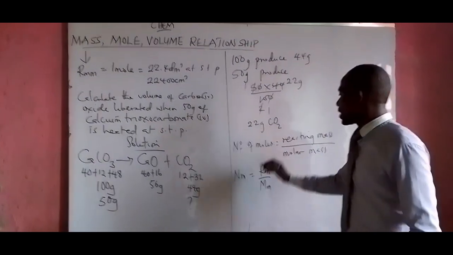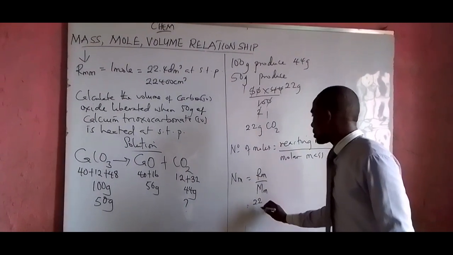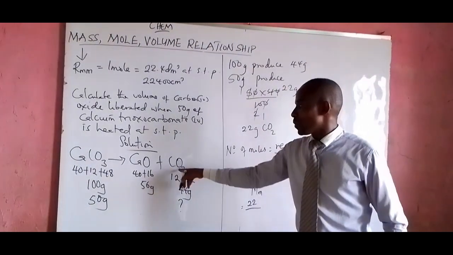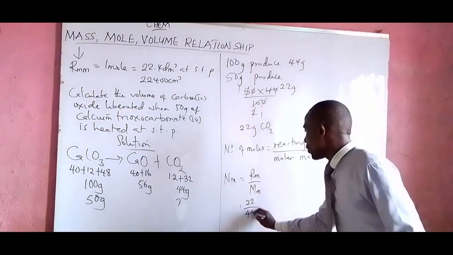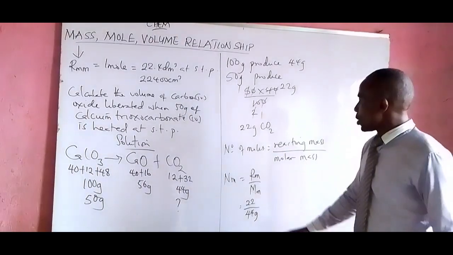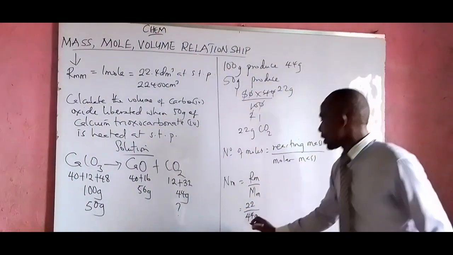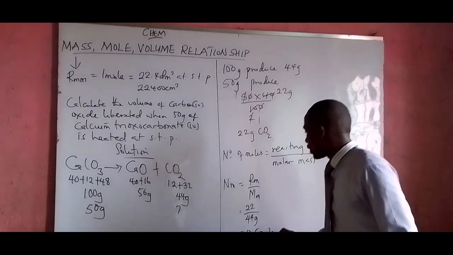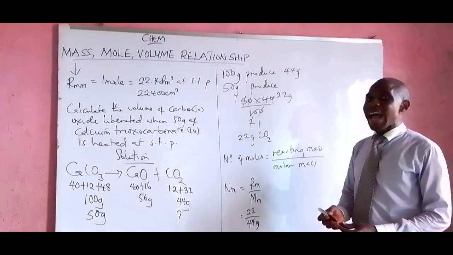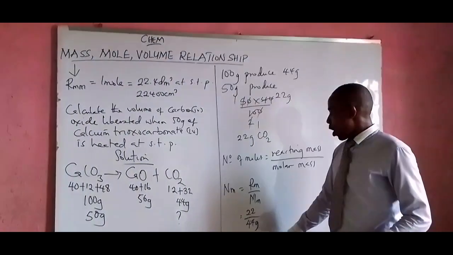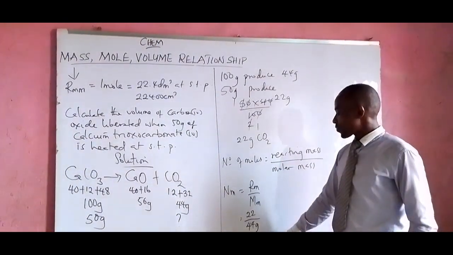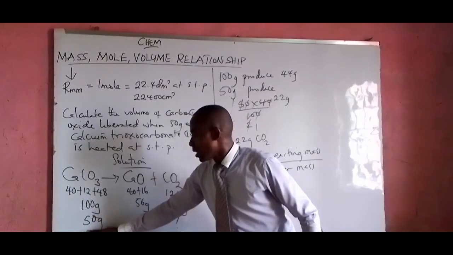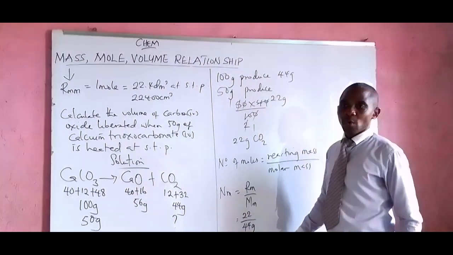So our reacting mass is 22 grams. Our molar mass is the mass of CO2, that is 44 grams. So 22 grams divided by 44 gives us 0.5 mole. See, we have converted. So if you are asked how many moles of carbon IV oxide is produced when 50 grams is heated, see the answer, 0.5 mole.